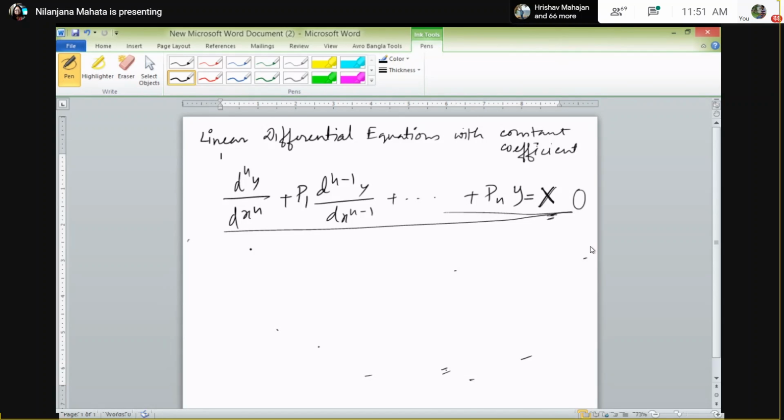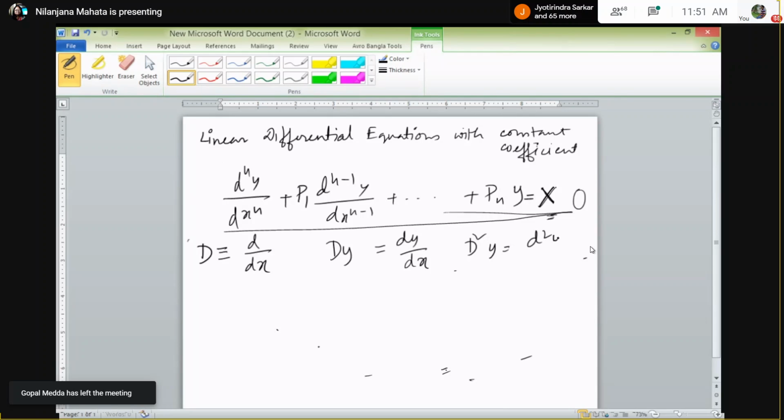We will use a notation denoted by this capital D. This is an operator, that means D y will denote dy/dx, D squared y will be d2y/dx2. So this is the differential operator. I have written this equation as D^n plus p1 D^(n-1) and so on.